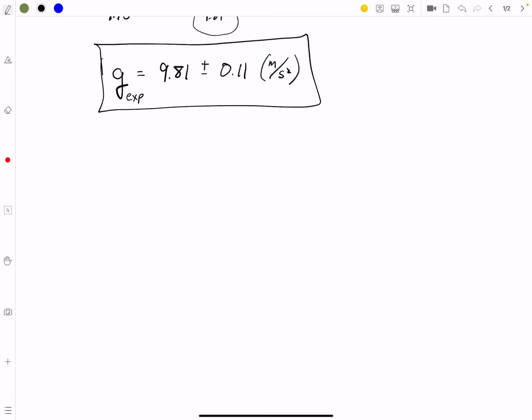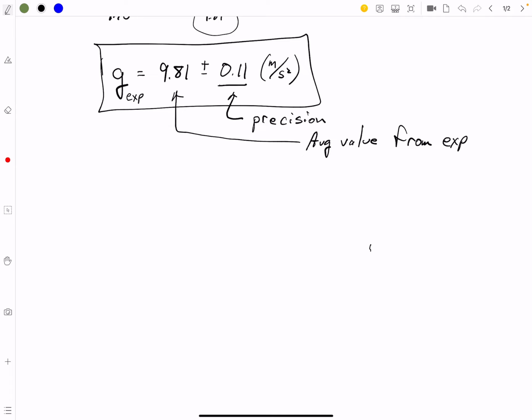Let's get back to what we just did. This is our precision, and this is our average value from measurement, from experiment, or our measurement.